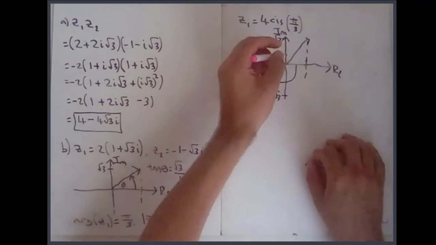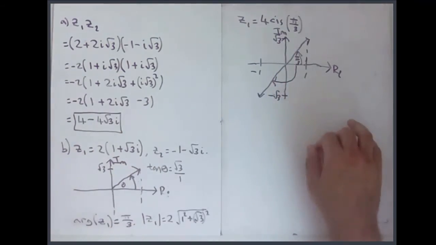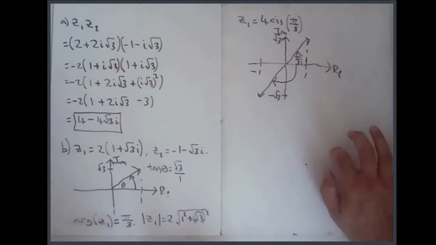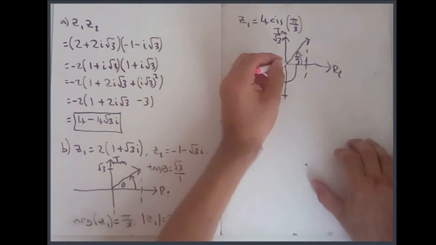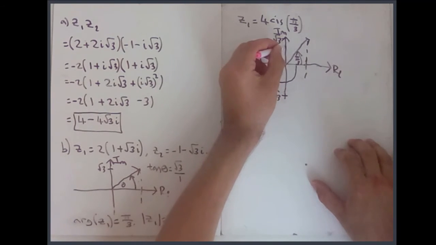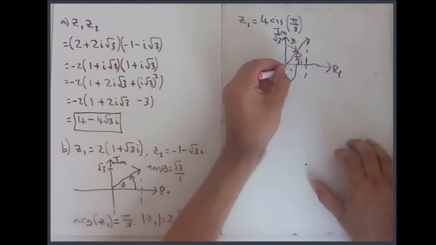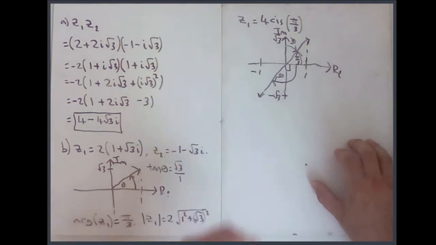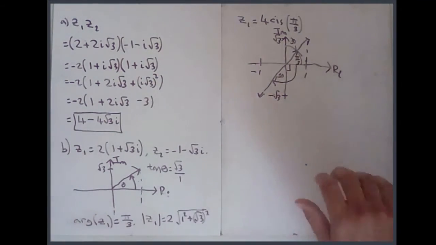We're looking at pi by 3 here, so that's 60 degrees. So the actual argument of Z2, if this was 60, this leaves 30 in here. So this must be 30. We know that's 90. 90 plus 30 is 120, so minus 120.